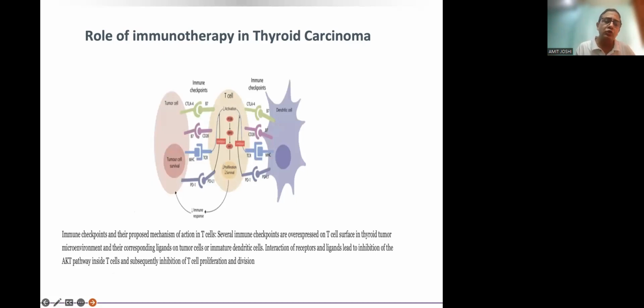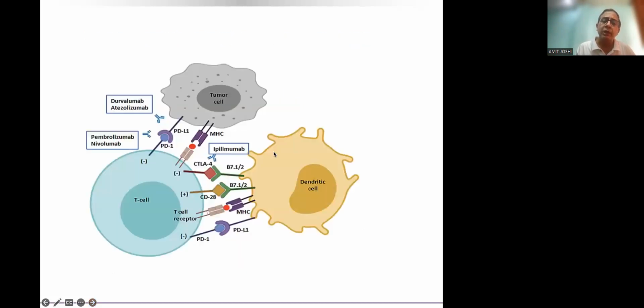So just a quick pictorial diagram. What we all know is that our body has a capability to tackle any external antigen or mutated cell in the body. This is just to show how immunotherapy works.